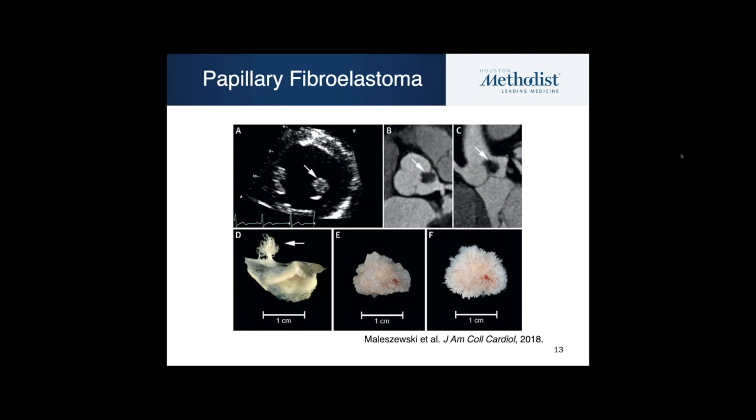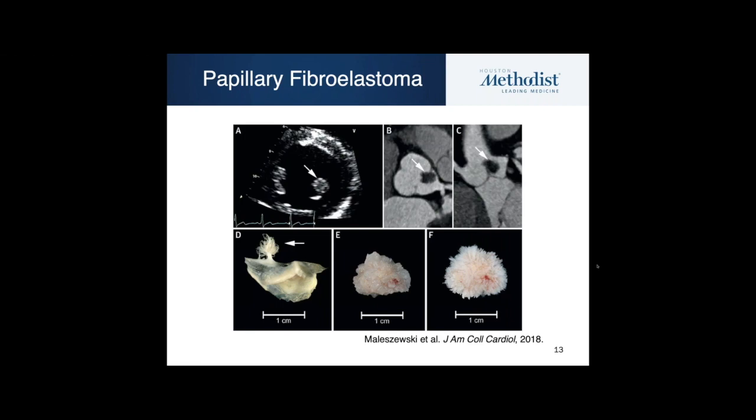CT will allow for actually pretty great characterization of these lesions due to the high spatial resolution. And macroscopically, what you see here is that sea anemone appearance, very characteristic in that. And so treatment for these tumors is usually surgical resection.